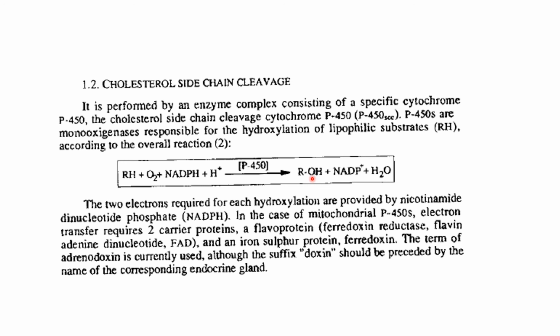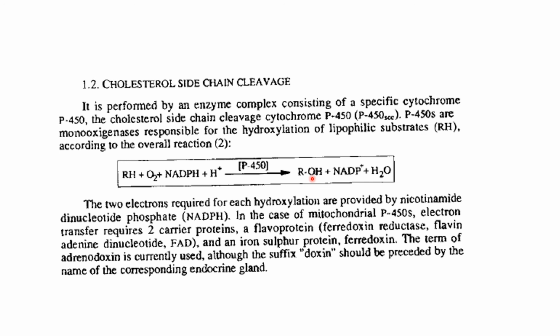It's not an OH group like shown here; it's a double bond oxygen. So that's what happened: we cleaved off the side chain and added an oxygen, a hydrogen ion, and an electron. I'm not making this a biochemistry class, but I want you to know it's quite an ordeal to knock off that side chain.